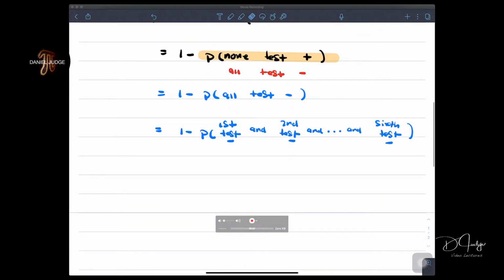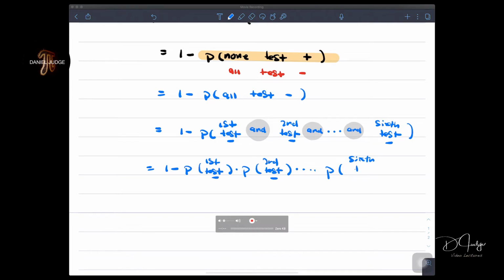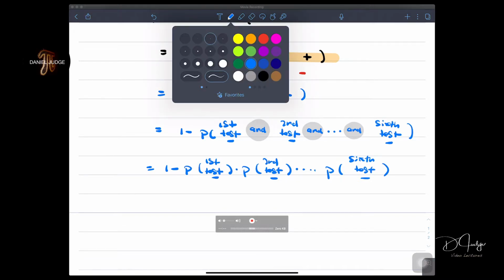And this is and. First test negative. Second test negative. All the way down to the 6th test negative. Now you say, how can I write this without my conditional probability?